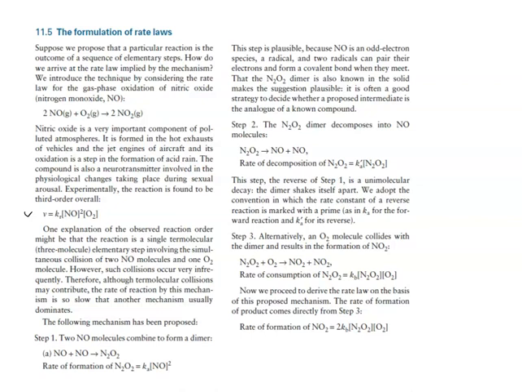One explanation of the observed reaction order might be that the reaction is a single termolecular, or 3-molecule, elementary step involving the simultaneous collision of 2 nitrogen monoxide molecules and 1 oxygen molecule. However, such collisions occur very infrequently.